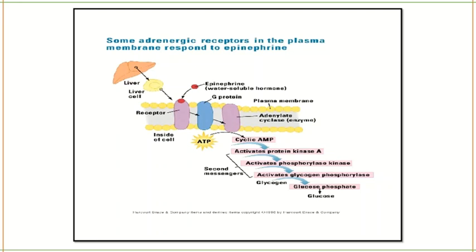This G alpha GTP will go and activate your adenylate cyclase. Adenylate cyclase will convert ATP to cyclic AMP. Then the cyclic AMP will activate protein kinase A. Protein kinase A will activate several enzymes, one of which is glycogen phosphorylase, which will convert glycogen to glucose.